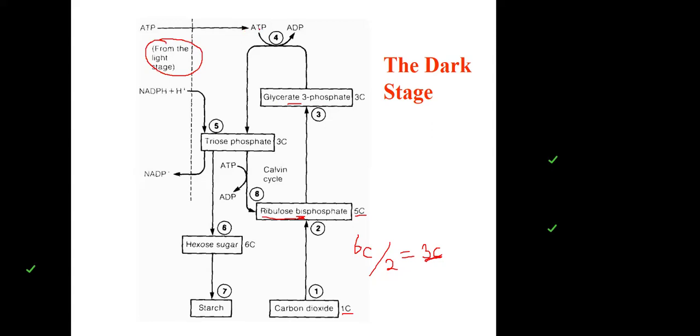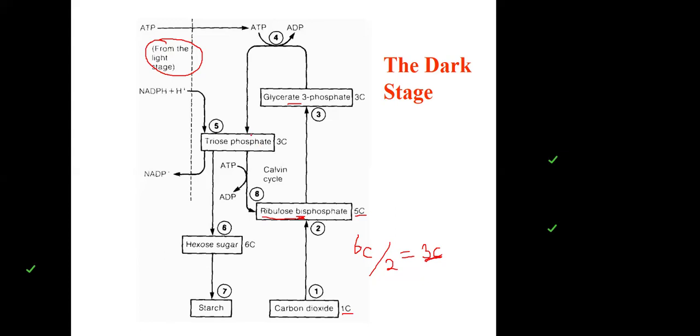So the ATP comes and then forfeits its phosphate group and becomes ADP. So that means that now it is going to join onto this. And then we are going to form what we call a triose phosphate. So we are going to form this triose phosphate.